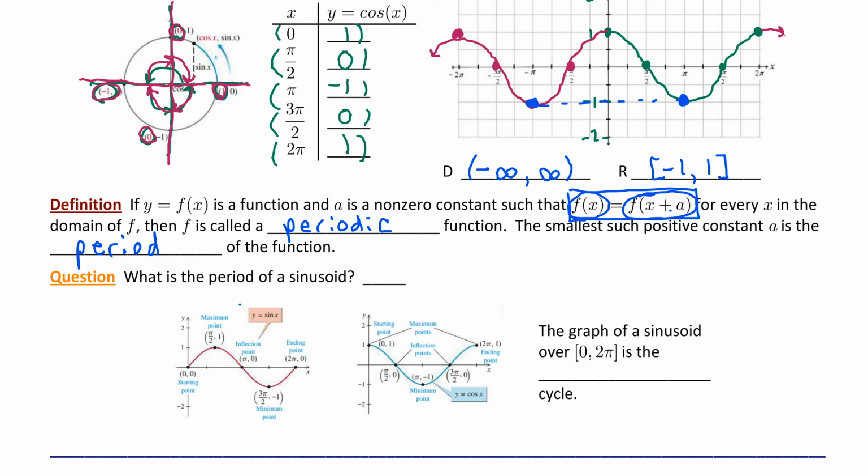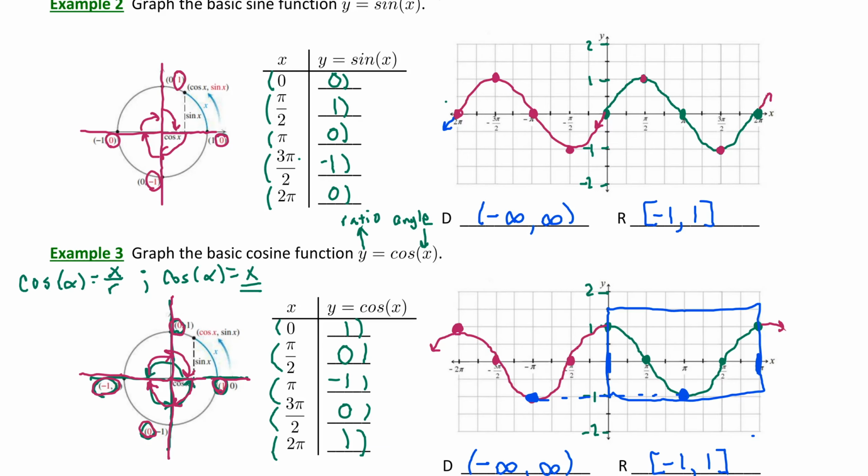So both sine and cosine are periodic functions, and the period is 2 pi. That is, over an interval from x equals 0 to x equals 2 pi, we see a snapshot of the shape that repeats across the entire domain. This is also true for sine.